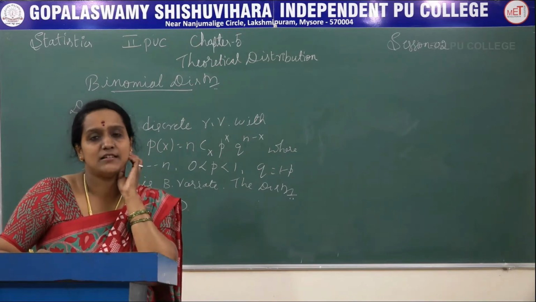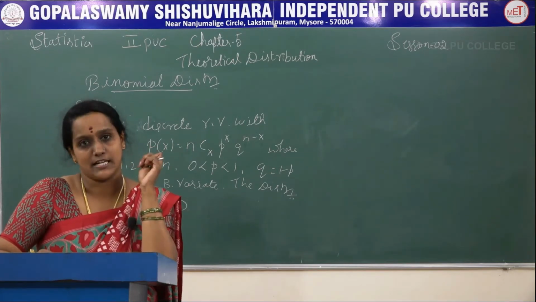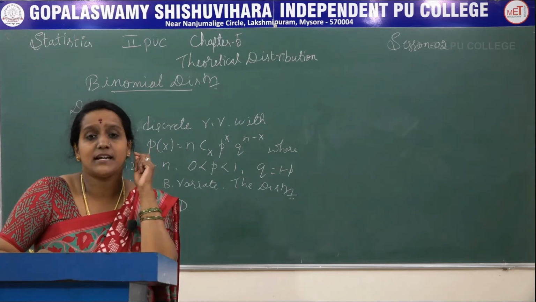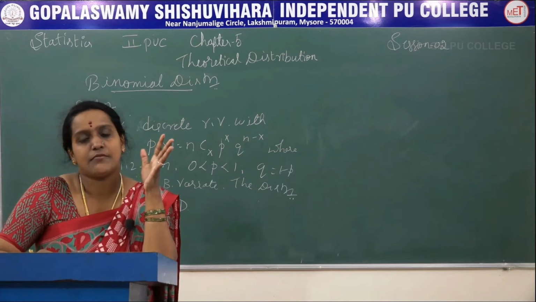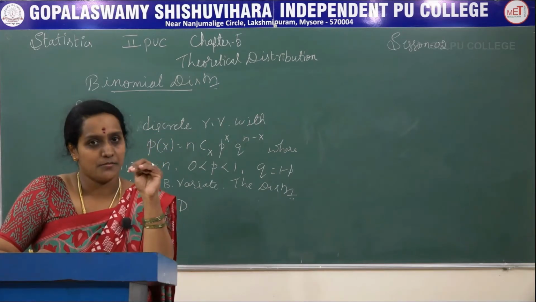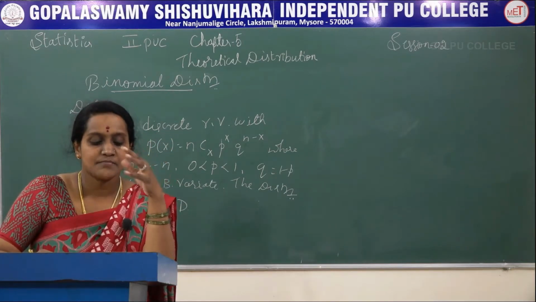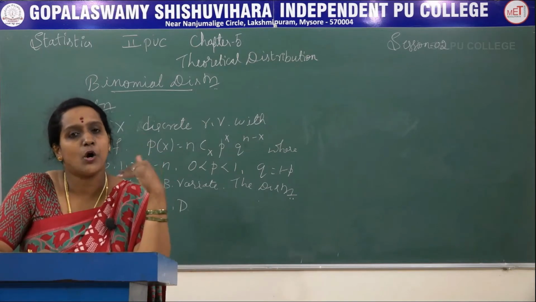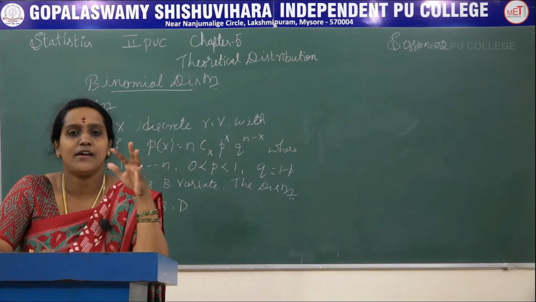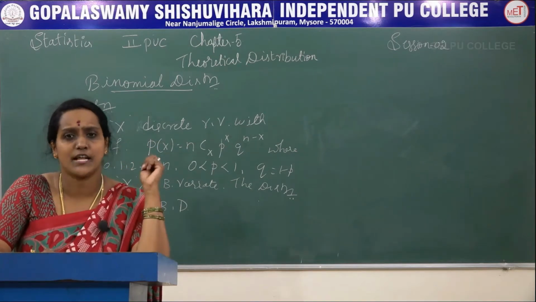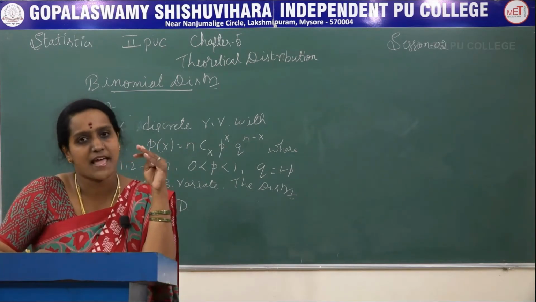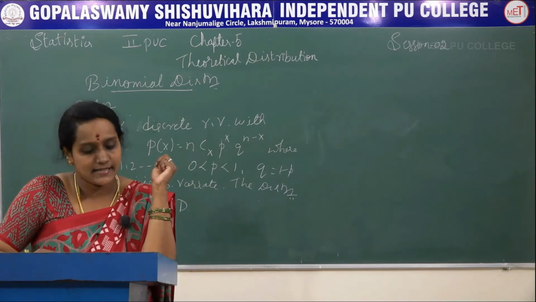Number of male children in a family of 2 children. Number of bombs hit a target when 4 bombs are aimed at it. If we aim 4 bombs, we don't know how many bombs will hit the target, but we are doing this experiment 4 times. That is also one of the examples for binomial distribution.